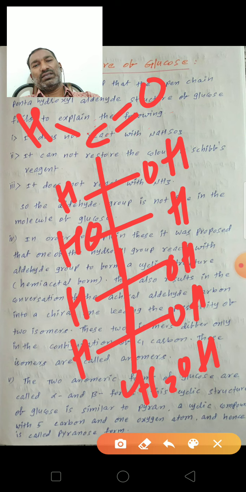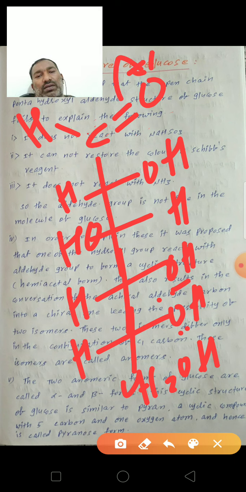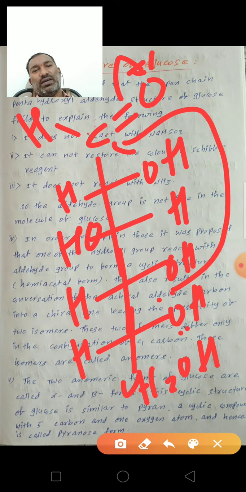For example, take the fifth carbon OH: this electron pair reacts with this carbon, and the hydrogen goes on the OH. In order to explain this, it was proposed that one of the hydroxyl groups reacts with the aldehyde group to form a cyclic structure, that is the hemiacetal form.